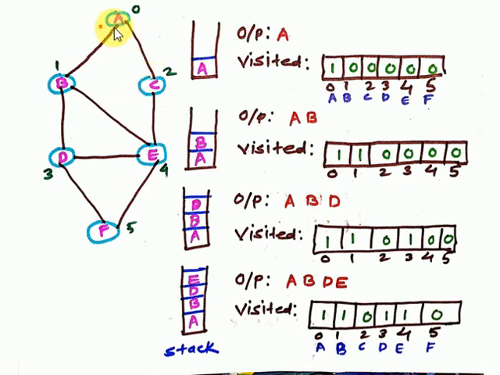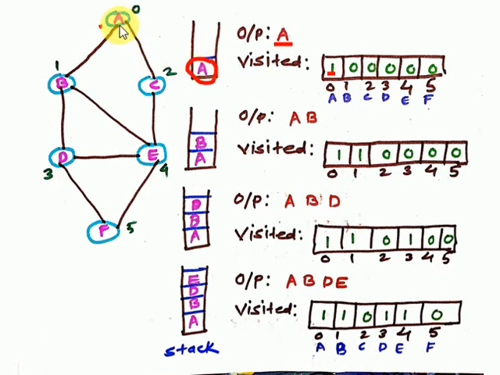Now when I start from vertex A, I'll first output that vertex, that is I'll print the vertex. I'll mark that vertex as visited, that is 1, and I'll push that vertex onto the stack.